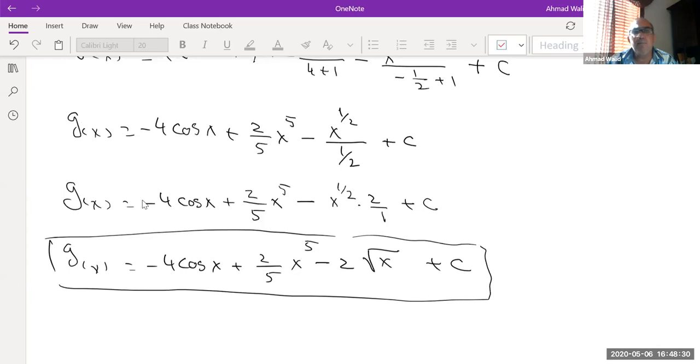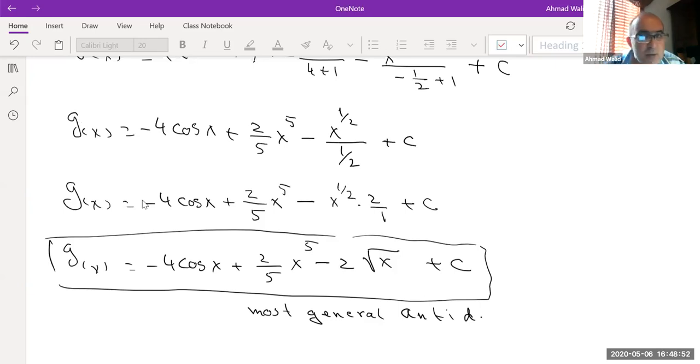This is the most general antiderivative because of this C. We call it the most general antiderivative. Please make a note.